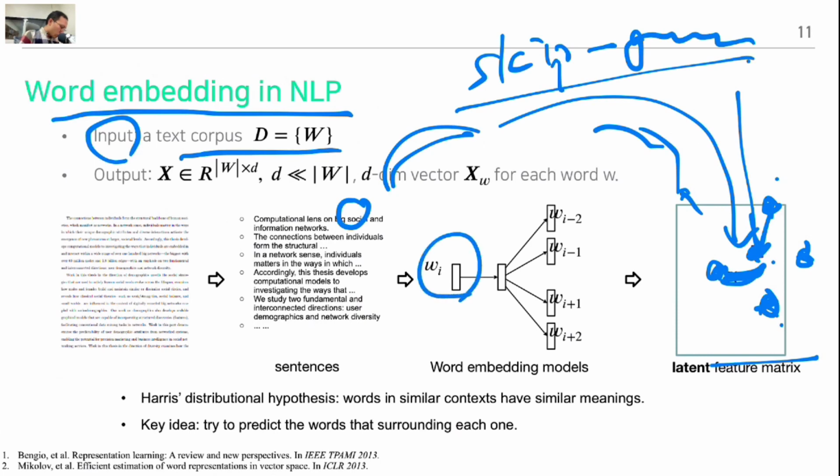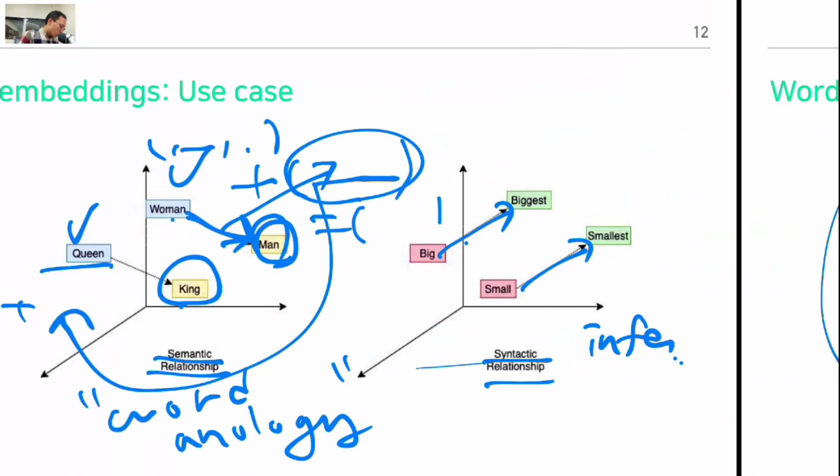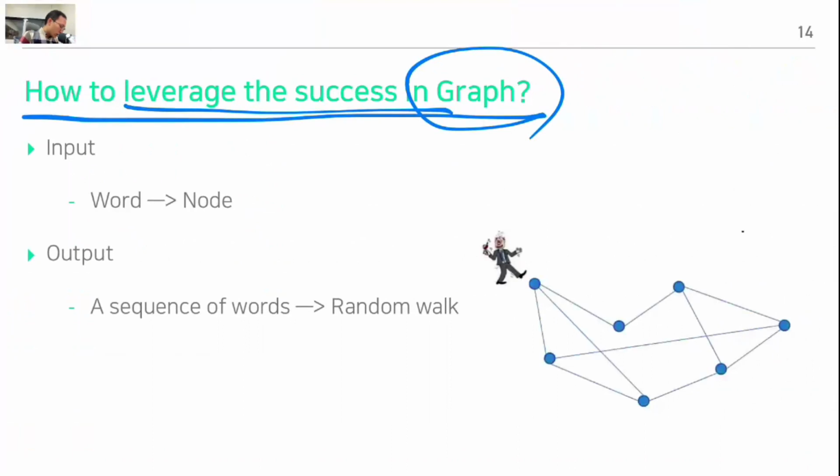And we need to have the input and output. They are from the sequence, the nearby neighbors of the word. So what is the case?